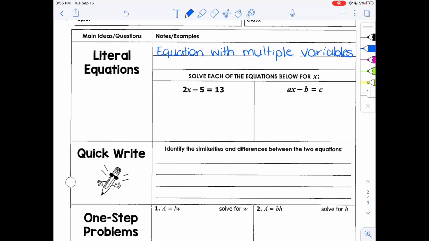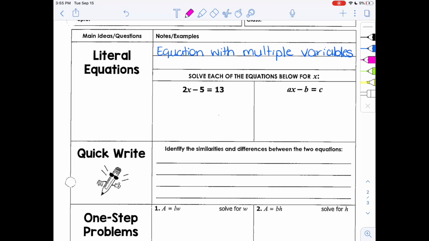And literal equations are mainly used a lot of times in science and in real-world problems. We've also seen real-world equations in math. Anytime you're using a formula, this is a literal equation. So before we start looking at solving these literal equations, let's review quickly how we solve two-step equations.